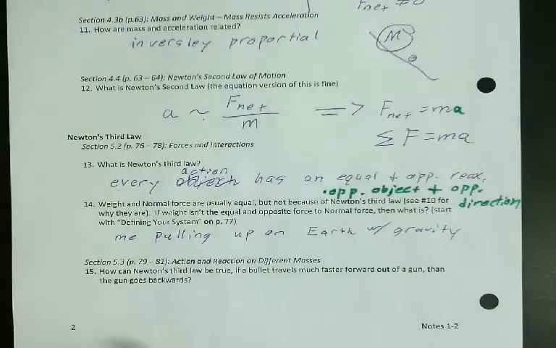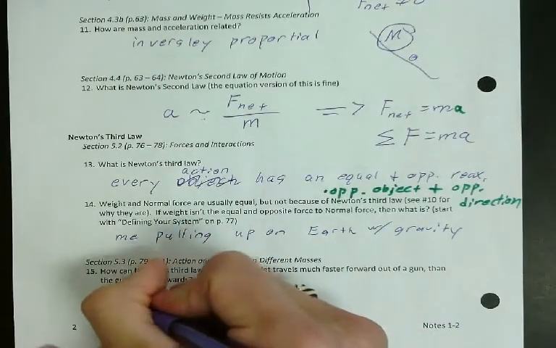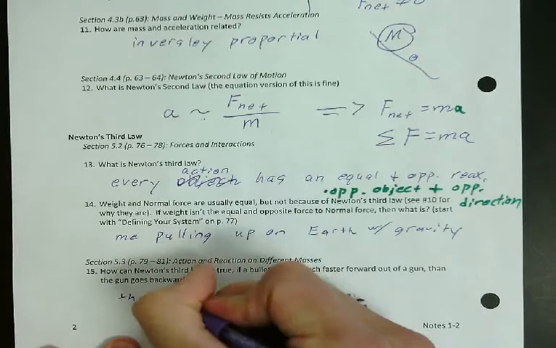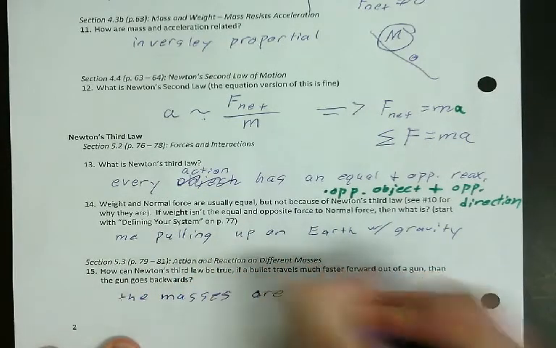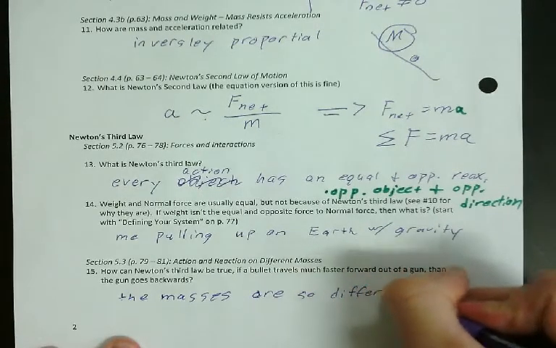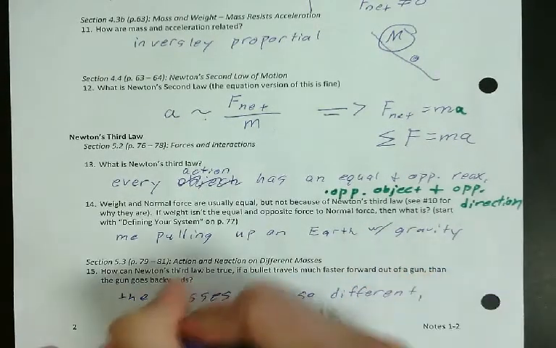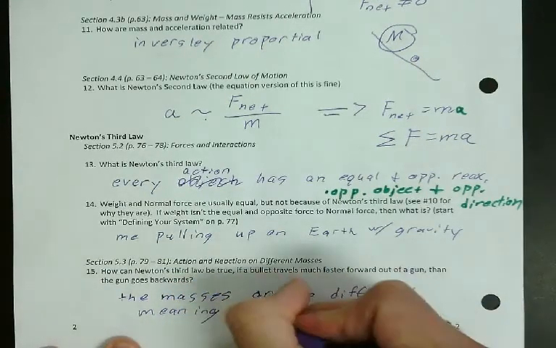Why is it that those things aren't the same? They're not the same because the masses are so different, meaning A is different.